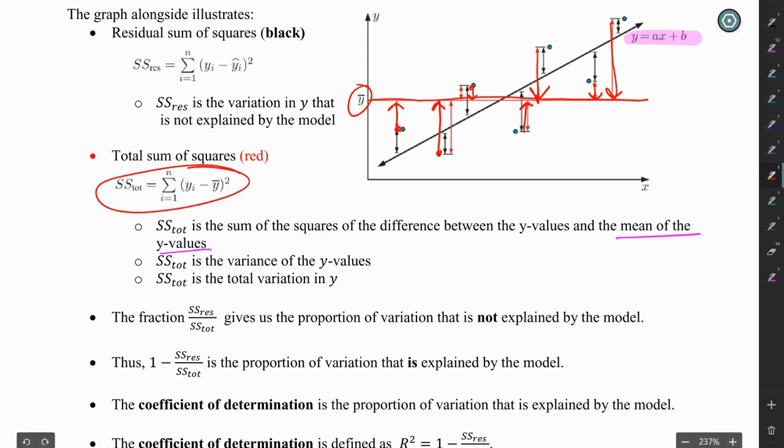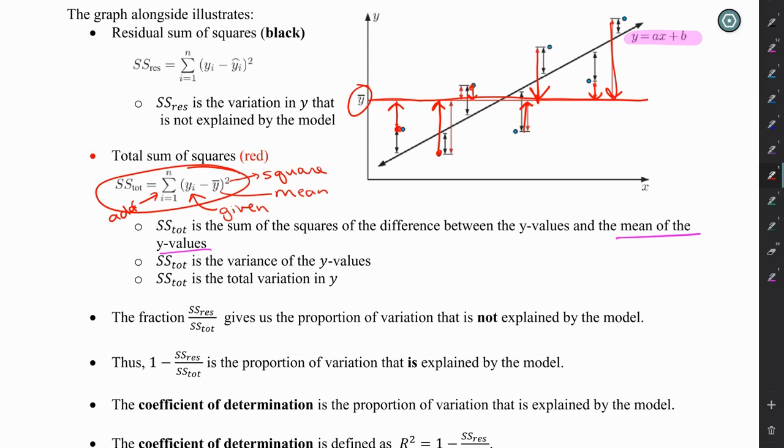If we break down that formula, this is the given y value minus the mean. We square it, and then we add them all up. The only difference from what we were doing before is that instead of using the model to get that y value, we're using the mean.